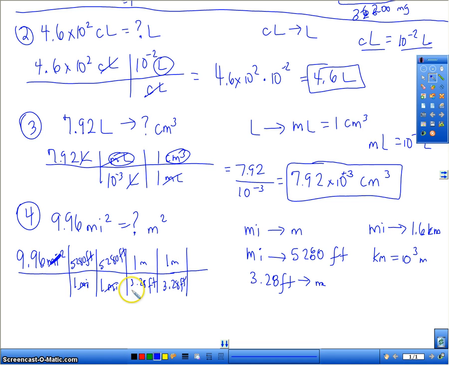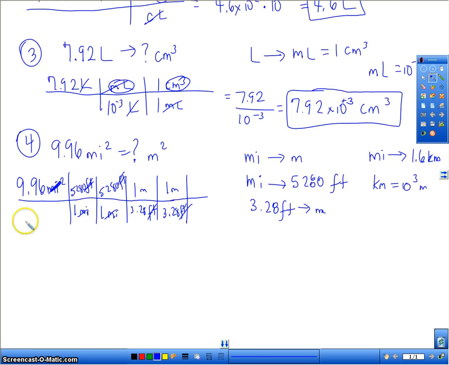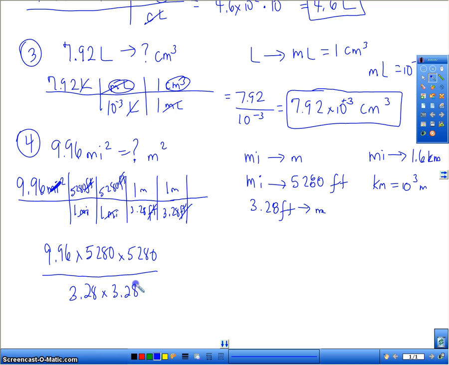Now in class we probably shortened this a little bit to just square everything, which is fine, you can do it that way too, but I just want to point out that really you're just doing each factor as many times as you need to cancel. So what I have is 9.96 times 5,280 times 5,280, which is 5,280 squared, and then divided by 3.28 times 3.28, all on the bottom.